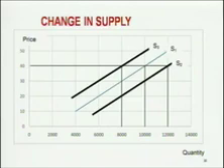Therefore, my curve would shift to the left side. But if I use the latest technology, I may be able to produce more. That means I can supply more to the market. As a result, the curve can move to the right side at the same prices.